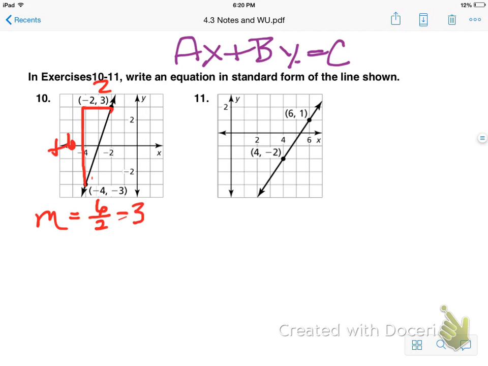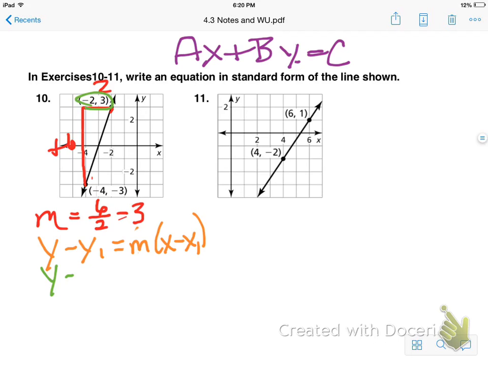Now I'm going to use the point-slope form to get my y-intercept and slope-intercept form. So y minus y sub 1 equals m times x minus x sub 1. And I've got y minus, I'm going to pick this coordinate.